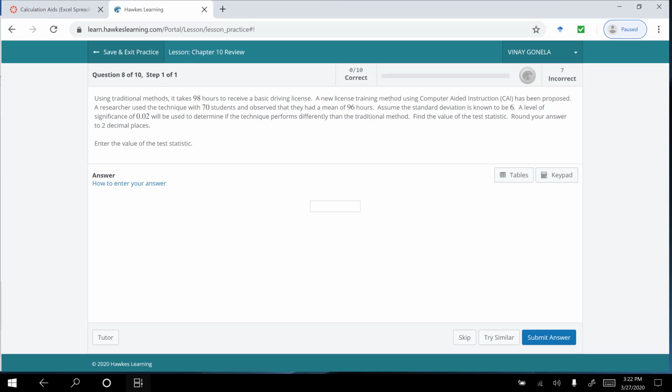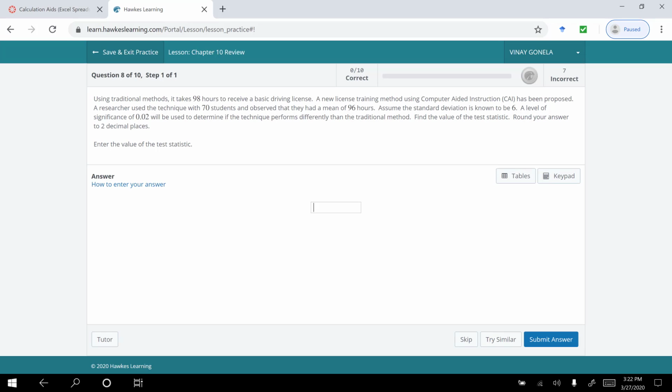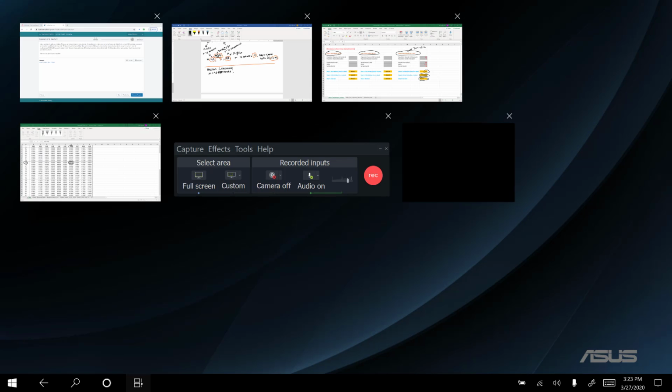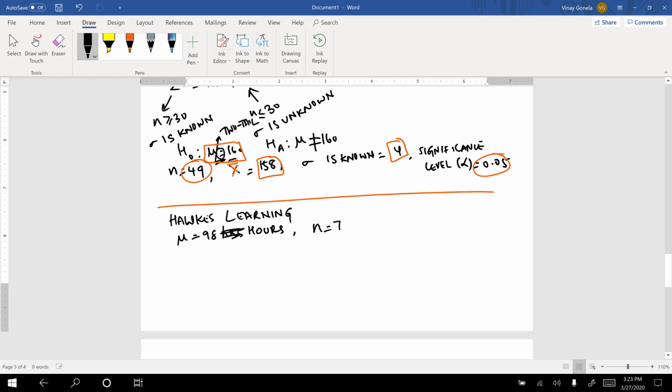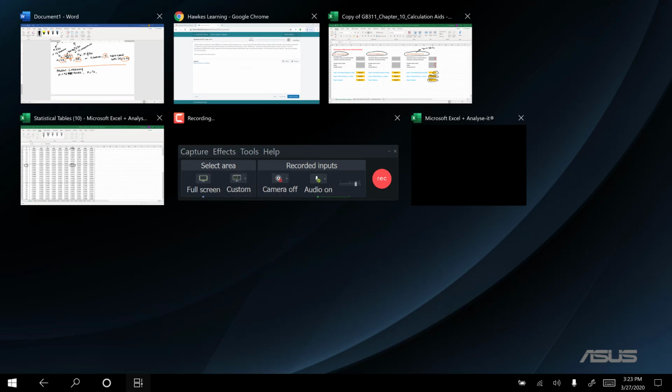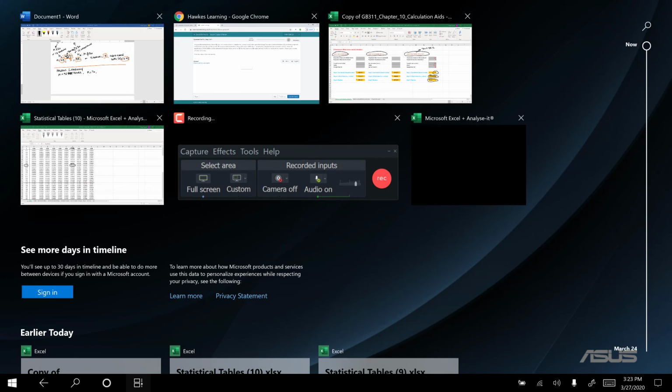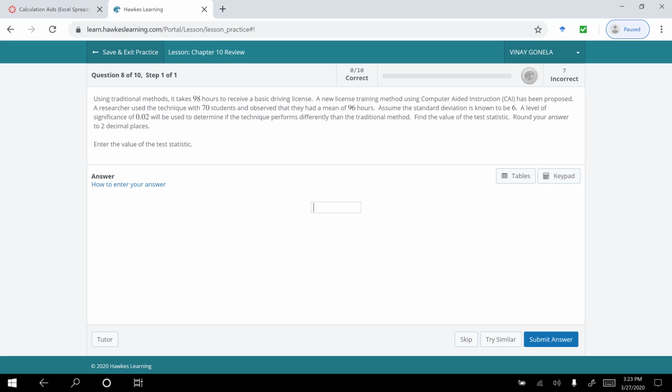Okay, so what's next? They are implementing a computer aided instruction. A researcher used the technique with 70 students. So they took a sample of 70 students, so our n is equal to 70, and then they observed a mean of 96.